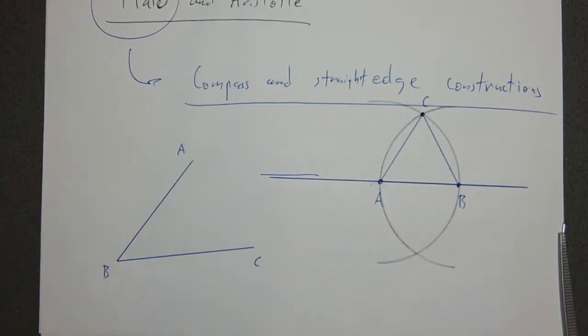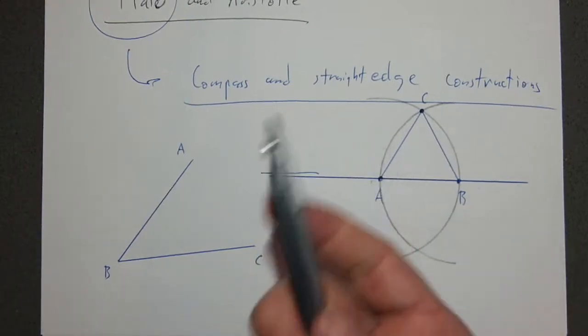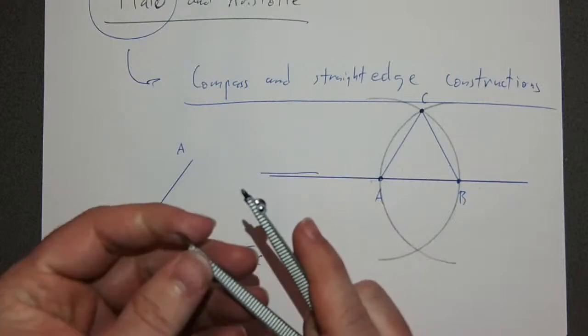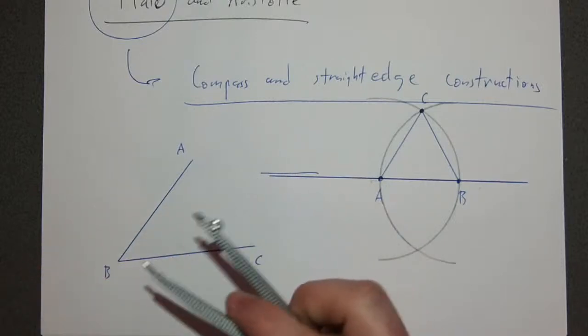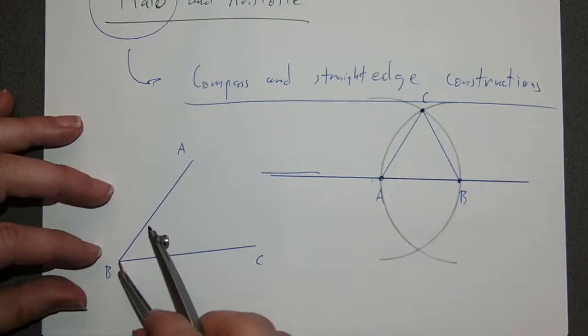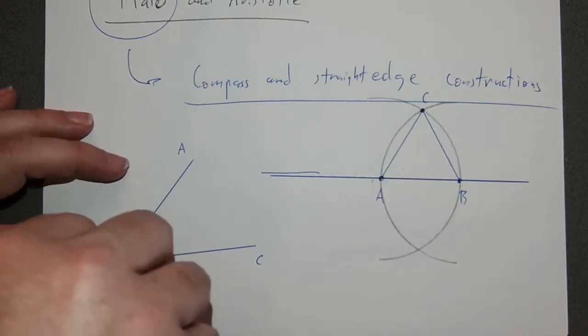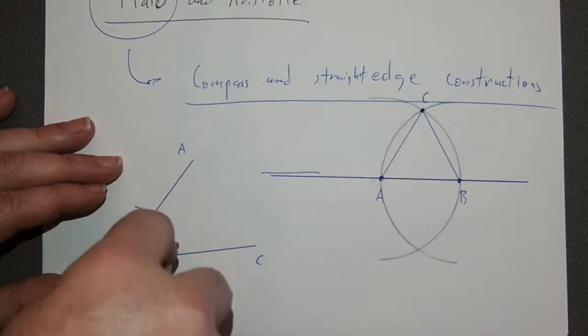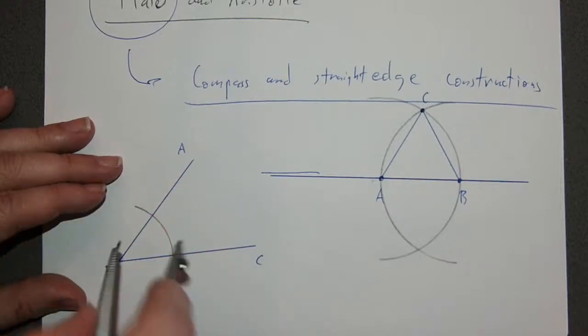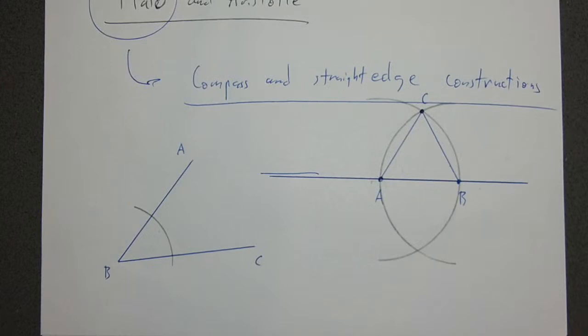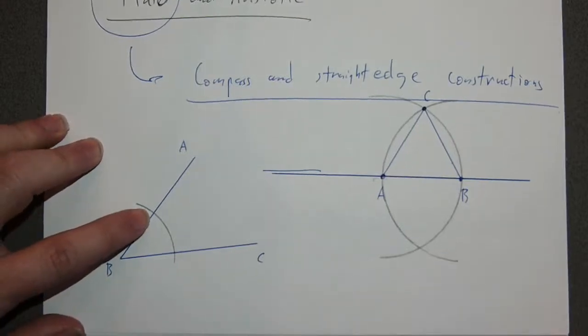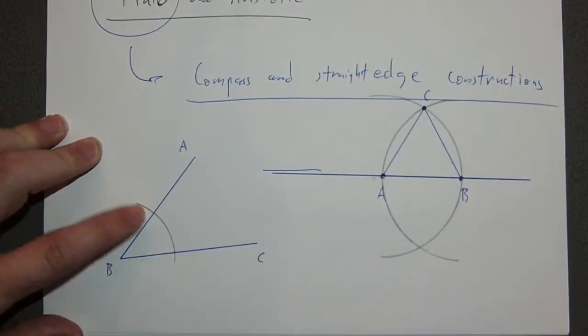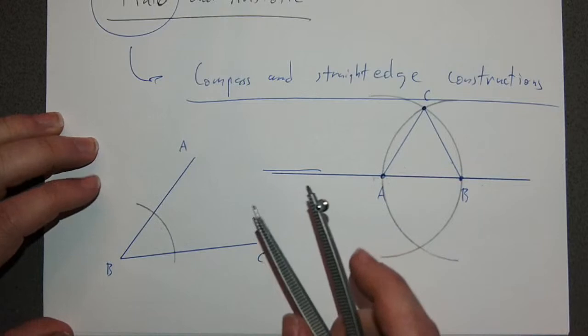I take my compass and open it to whatever length I want, and I go to my angle vertex, B. I sweep my compass through both rays making up the angle. They intersect at these intersection points. I keep my compass the same length.